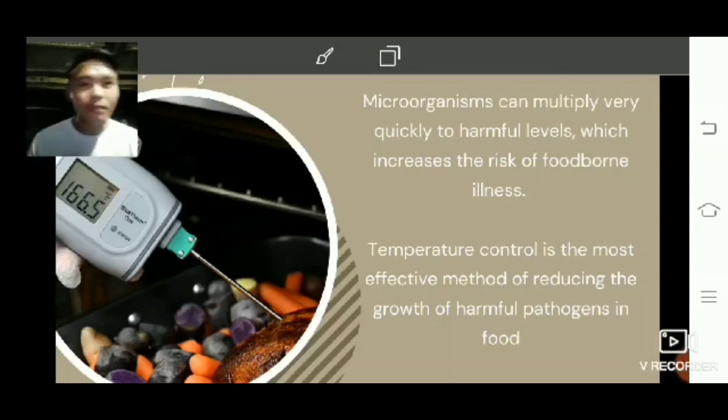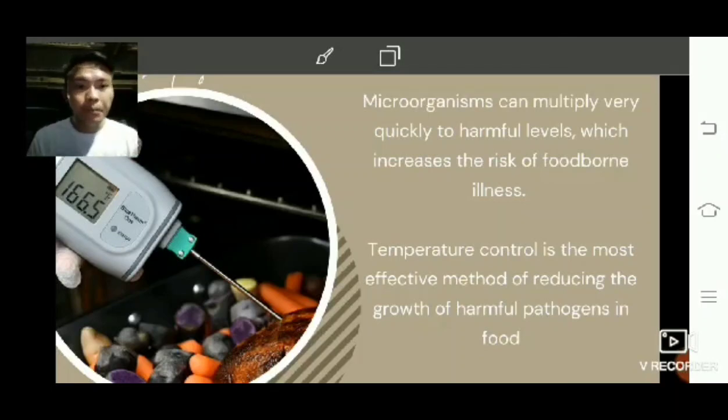As I discussed, there is a limitation in controlling the temperature, how cold or how hot the food should be, just to ensure that there is no foodborne illness or any harmful levels that would affect the consumer.